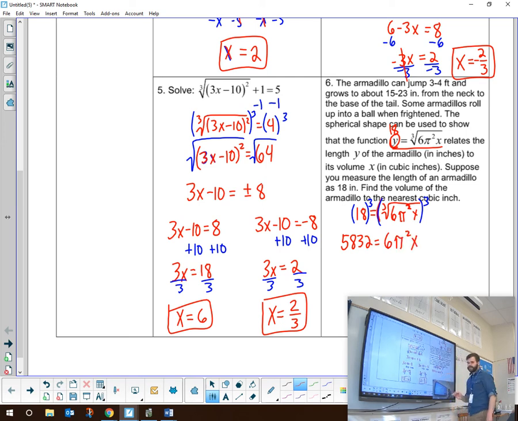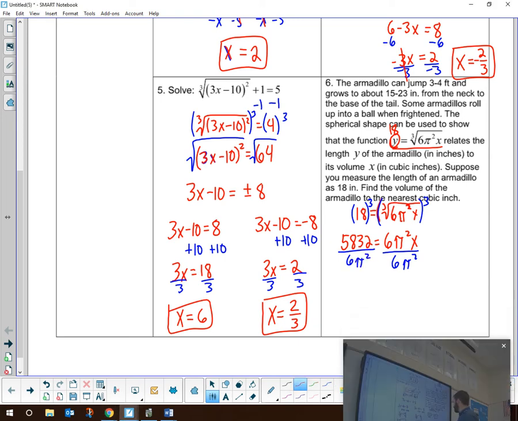Next, we're trying to get that x by itself. So everything that is being multiplied to x, we're going to divide by. So I'm going to divide by 6 pi squared. Once again, this is going to be a great use of our calculator. So I can plug this in.